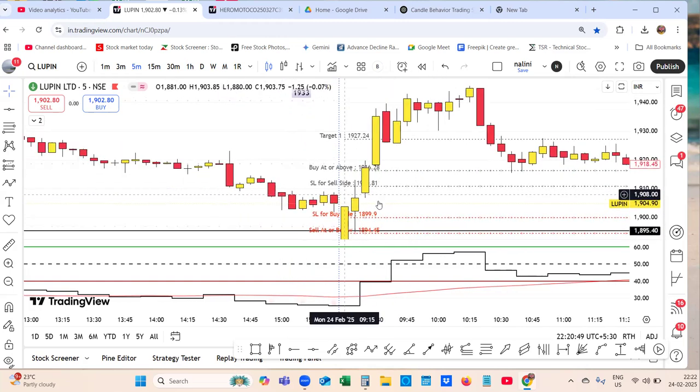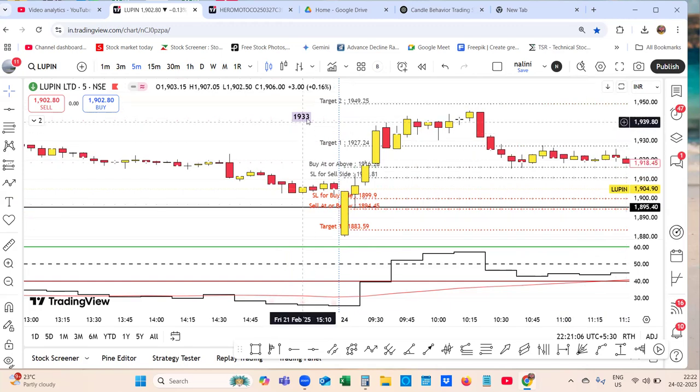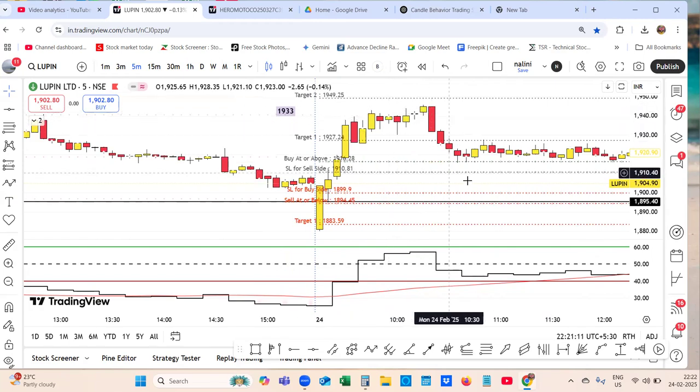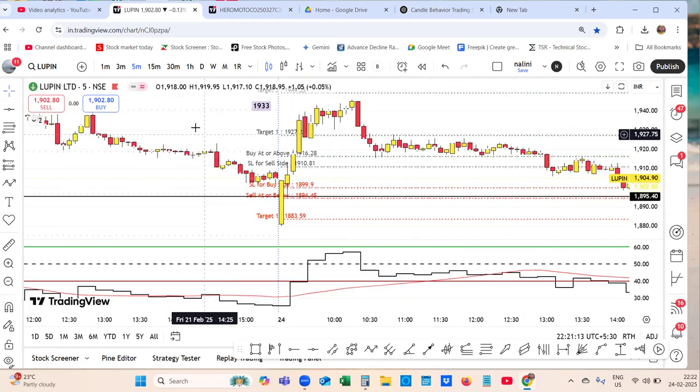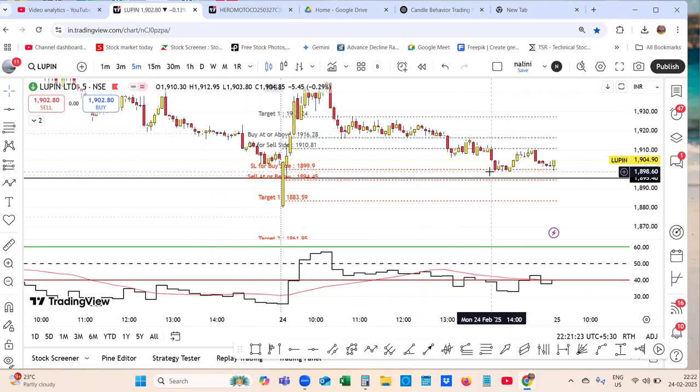It is a simple idea that the market is going to rally, and even the target levels for the Gann angle levels are plotted as 1949. So almost 1933 to 1949, you got the level, and there profit booking came into the Lupin stock, and finally it came back to the original sell side level. It came back and closed.